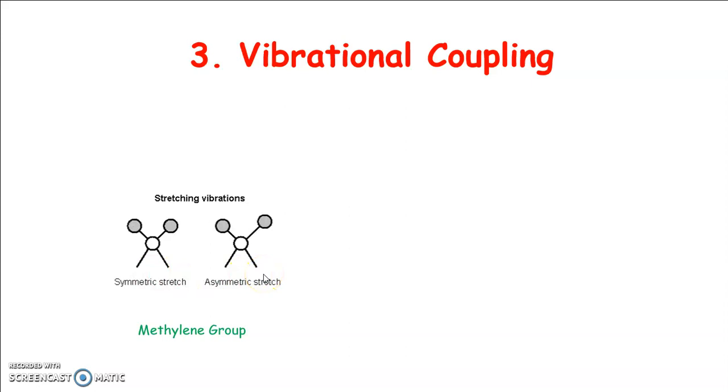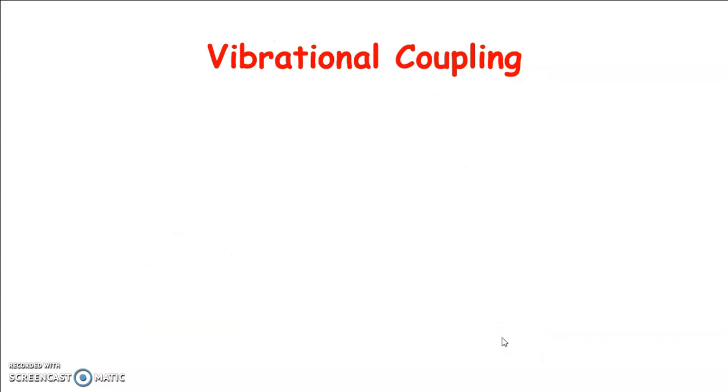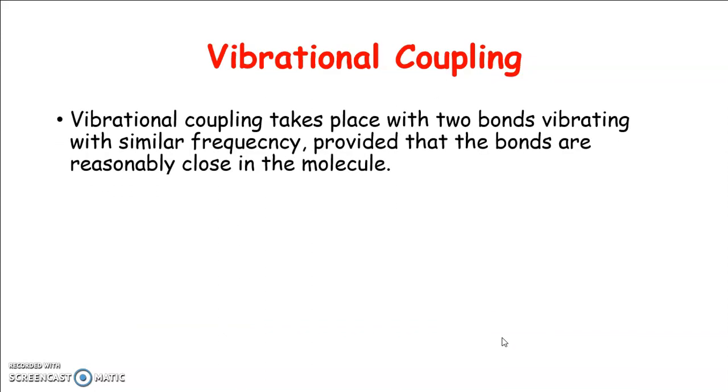It is because of the interaction between the two CH stretching vibrations in the CH2 group, which forms a high frequency asymmetric and a low frequency symmetric stretching component. Thus, vibrational coupling takes place with two bonds vibrating with similar frequency, provided that the bonds are reasonably close in the molecule.